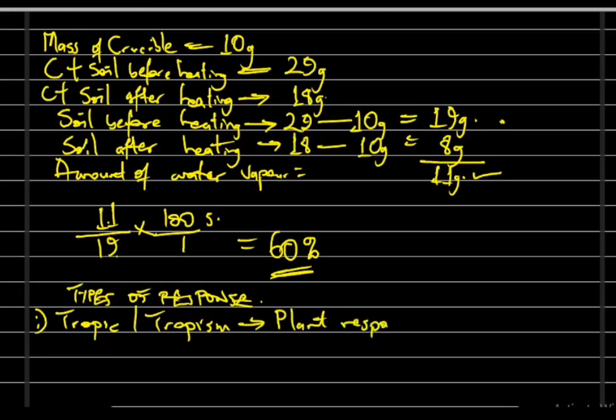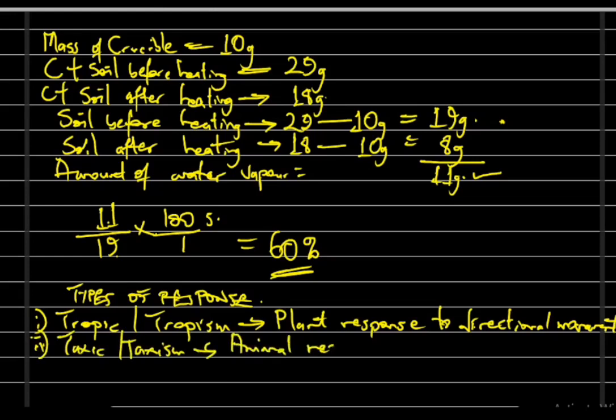Plants respond to directional movements. And then the second one, taxic or taxism. This is animal response to directional movement as well. And then we have the third one to be nastic or nastism.